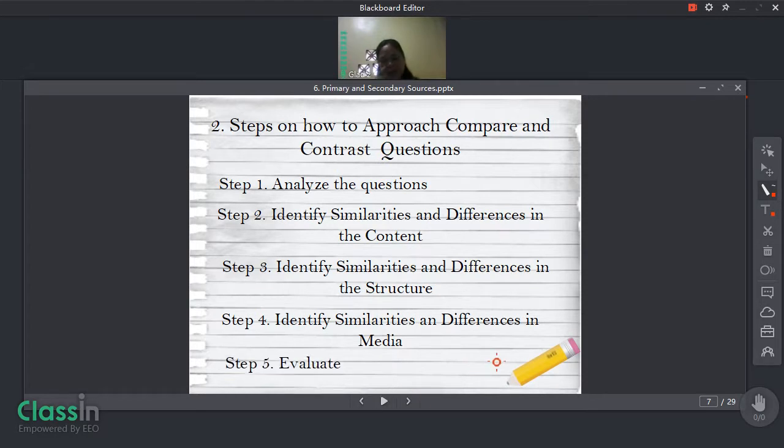So in evaluating, you must focus on which text is most convincing, which text is best appropriate, which text best employs appropriate media, and which text is most enjoyable. Okay, so those are the steps on how to approach compare and contrast questions.